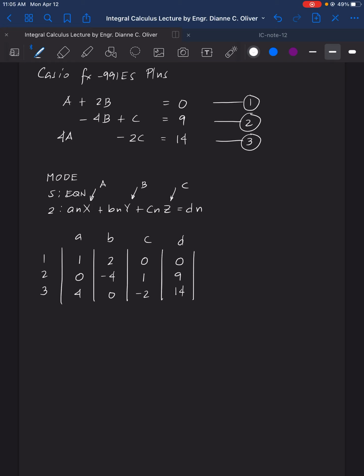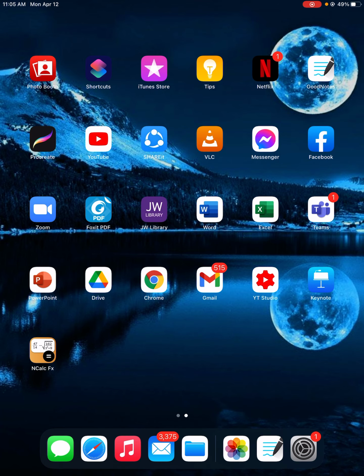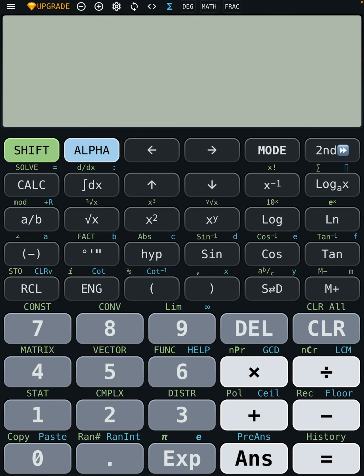Now every input of the number, you press the equals sign. So let's do it in here.